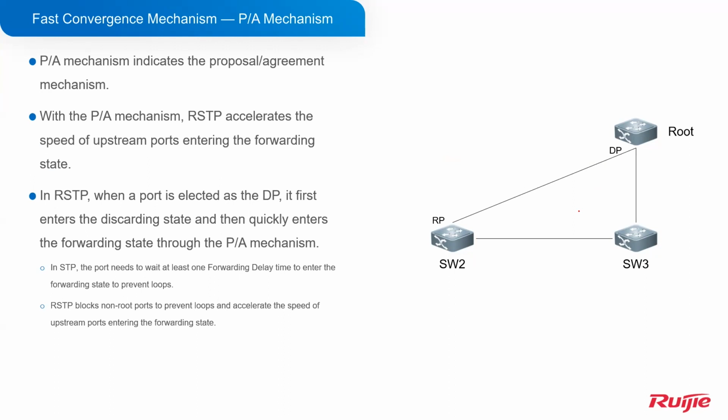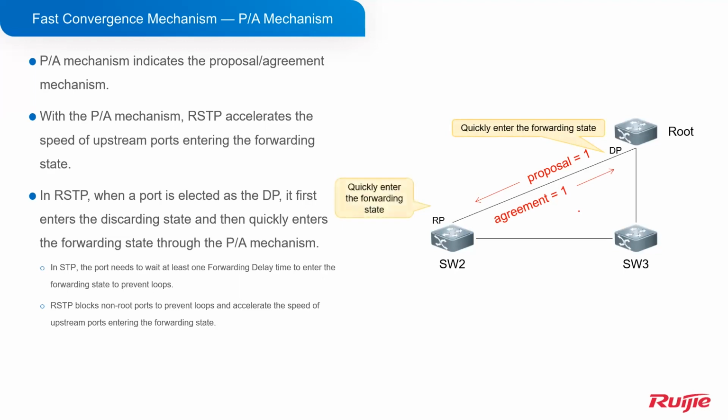So we will see how the PA mechanism accelerates the speed. Between the root and the switch 2, they can exchange the proposal and agreement BPDU and can quickly enter the forwarding state. But how does it work?